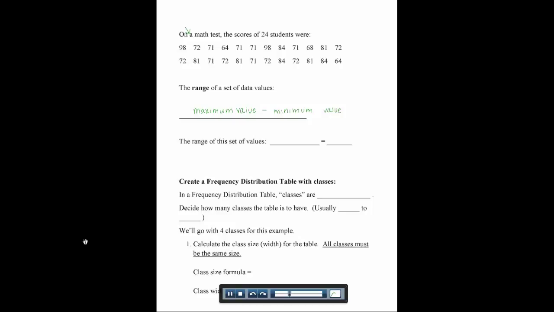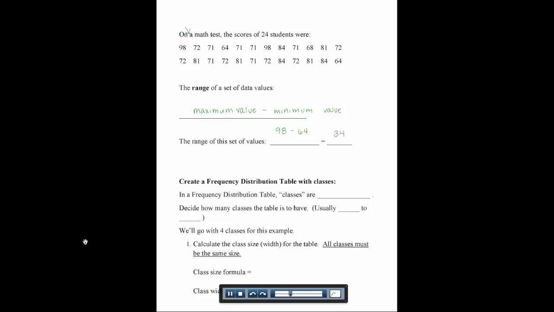So for our data set above, our highest value is 98. And if we look closely, our lowest one is 64. And so we get our range is 34. So we're going to use that when we get to our frequency distribution table.